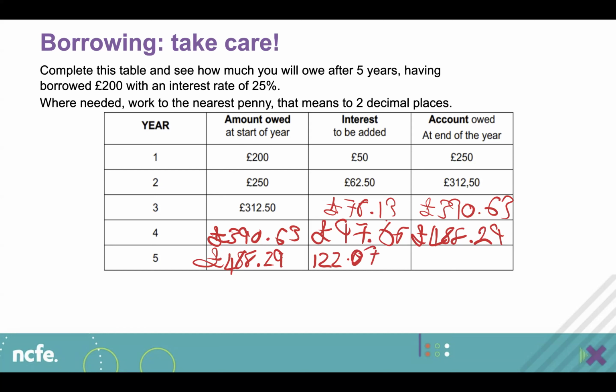So if we add that to £488.29, the total equals £610.36.